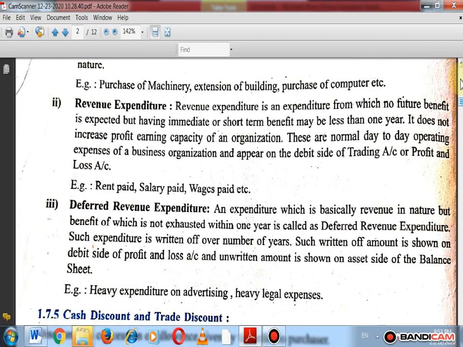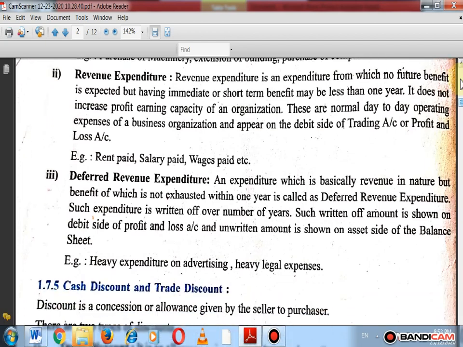Revenue expenditure is an expenditure from which no future benefit is expected, but which has an immediate or short-term benefit, may be less than 1 year. It does not increase the profit earning capacity of an organization. These are normal day-to-day operating expenses of a business organization and appear on the debit side of the trading account or profit and loss account.